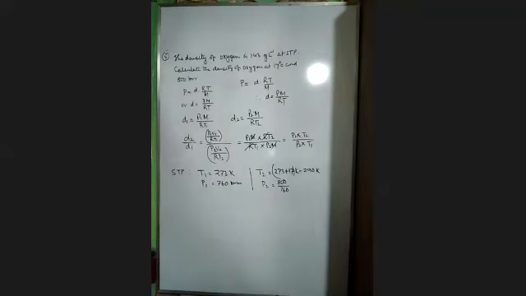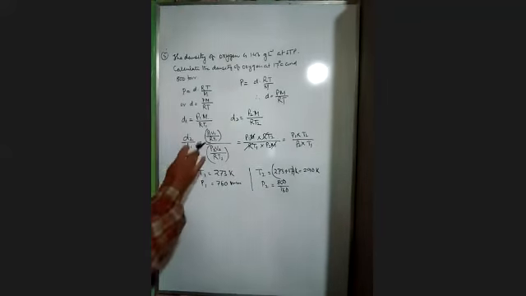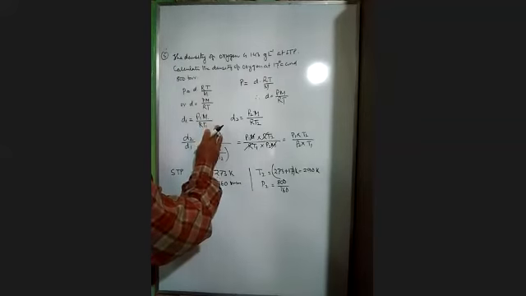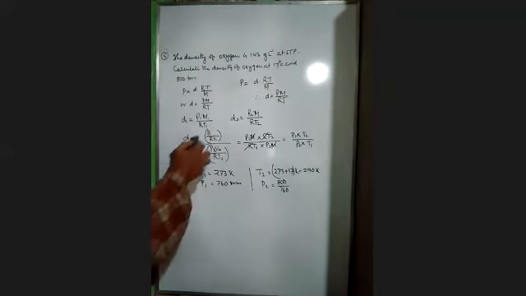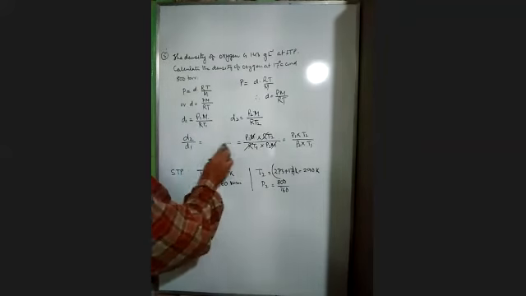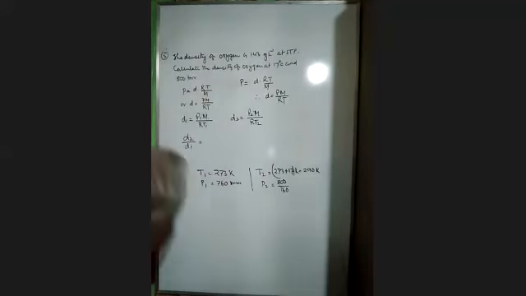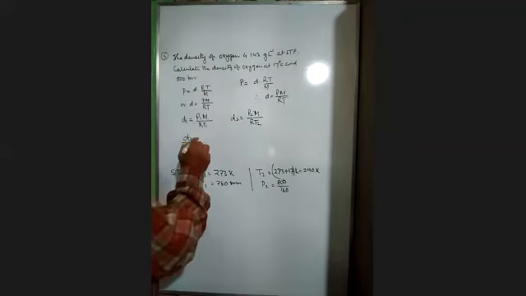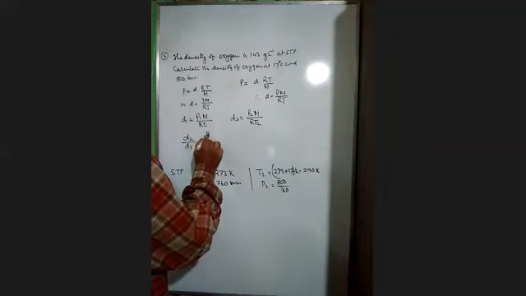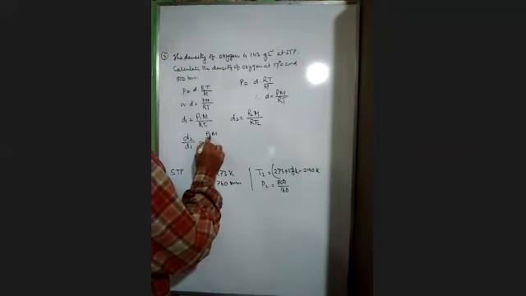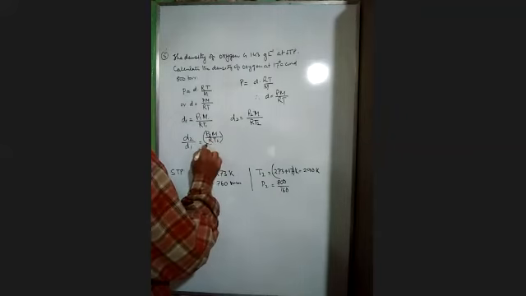Sir, the ratio of the D2 and D1, sir. Wait. Correct. Good girl. What did you write? Correct. It will be P2M divided by RT2. Correct. Good girl.